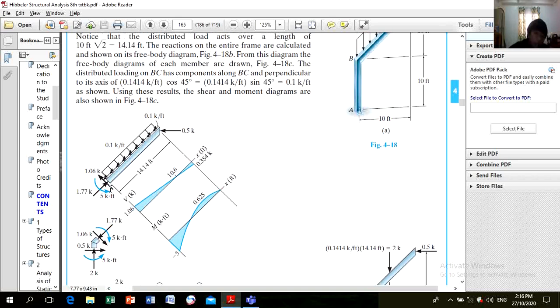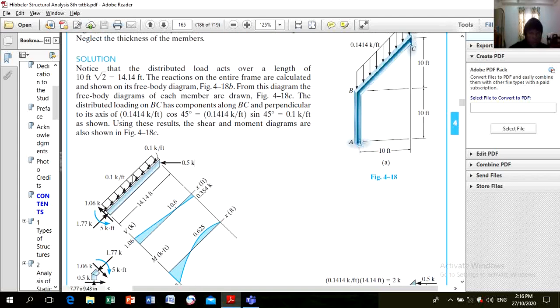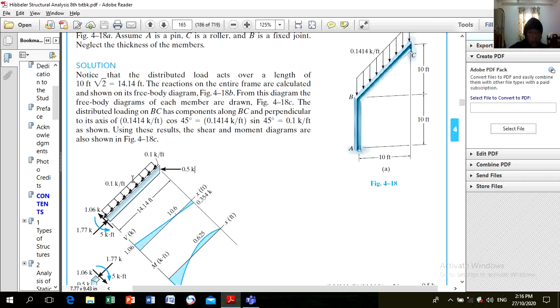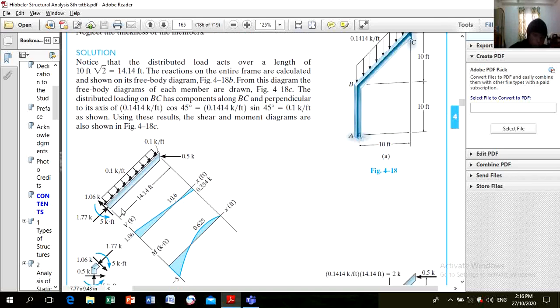So to identify that one, first you need to get the component of this 0.5. This is 45 degrees, right?